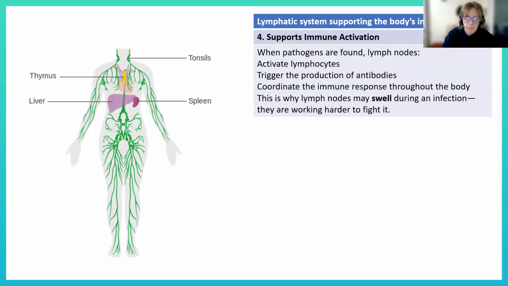So when pathogens are detected in the lymphatic system, the lymphocytes are activated, it triggers the production of antibodies, it will coordinate with the immune response throughout the body, so it will just trigger so many other immune pathways.